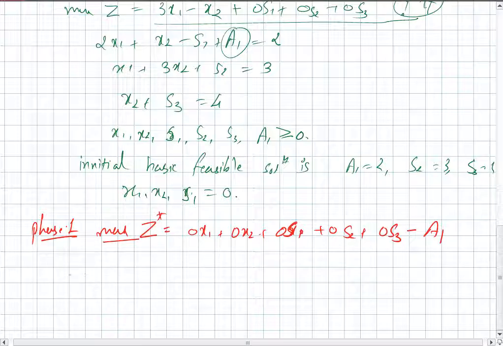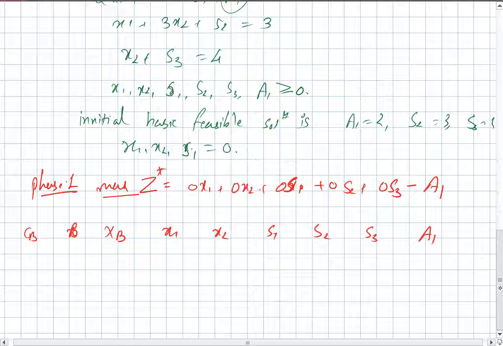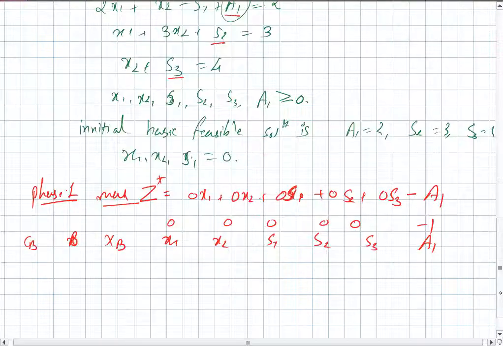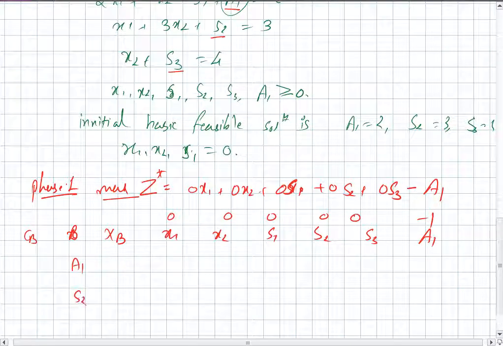In the simplex table we have CB, B, XB, X1, X2, S1, S2, S3 and the artificial variable A1. Their coefficients are 0, 0, 0, 0, 0 and -1. Now in the basis, right now we have A1, S2 and S3, with values 2, 3 and 4.